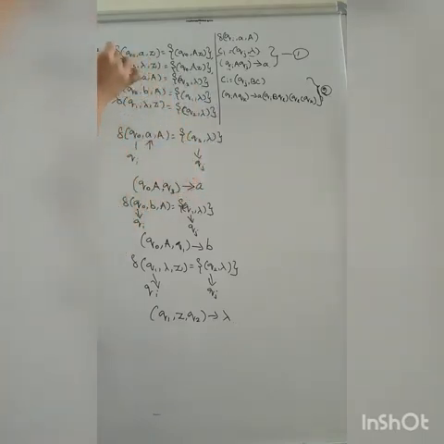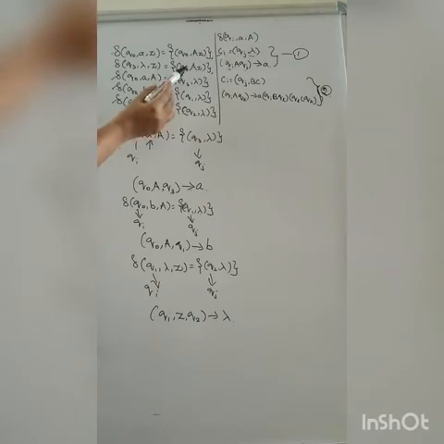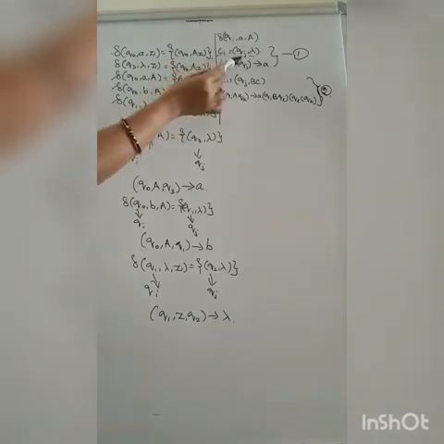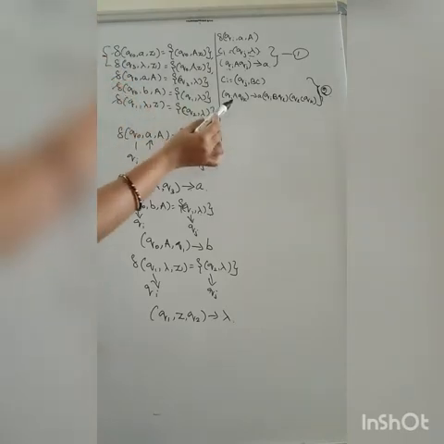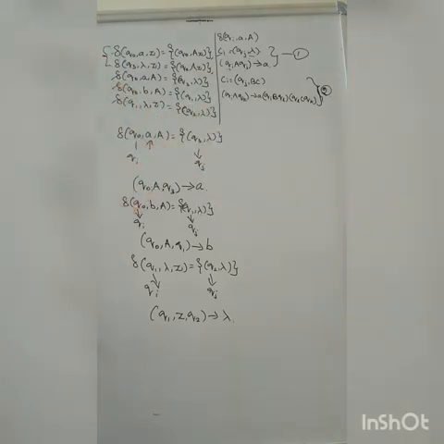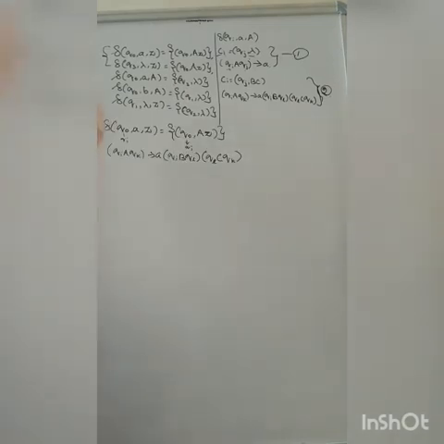But while looking into these two transitions, they are not in the form of Qj comma lambda. They are in the form of Qj comma BC. So we have to define the grammar for these two transitions by using this methodology only. Next we are going to define the grammar for this transition.